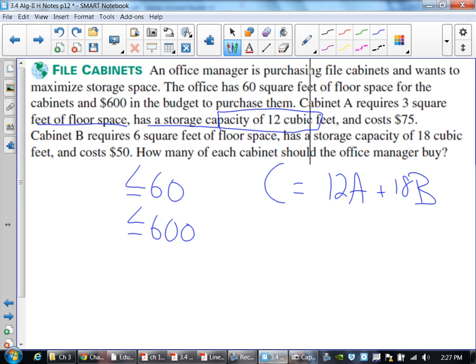So if you have up to 60 square feet, how much floor space did A take up? 3. And floor space in B? 6. How much did A cost? 75. And B? And for the most difficult question of them all, can you have negative cabinets? Nope.